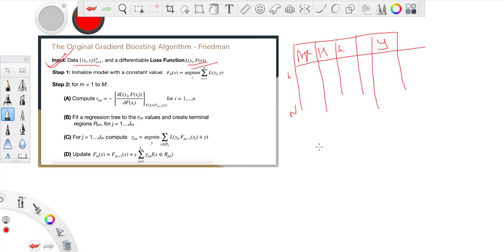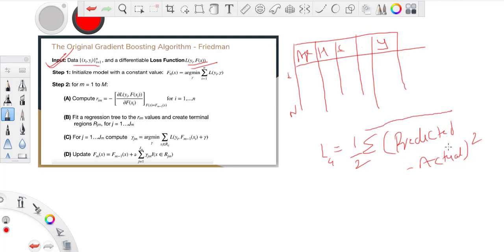So in case of regression, you might have got from linear regression that the loss function which we deal with is basically the sum of predicted minus actual values, right? And its square. So in case of GBM, we are going to modify it a little. We are going to add half in front of it. It doesn't matter whether I minimize predicted minus actual square or half of that.